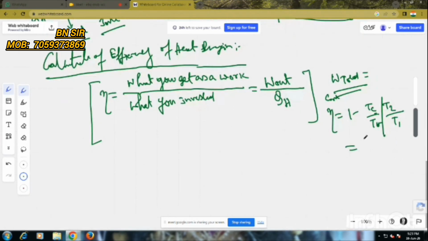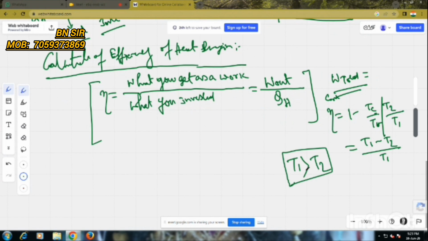Obviously this is a comparison study. Always keep in mind that T1 is always greater than T2, always in the Kelvin scale. Okay, this will be the class.